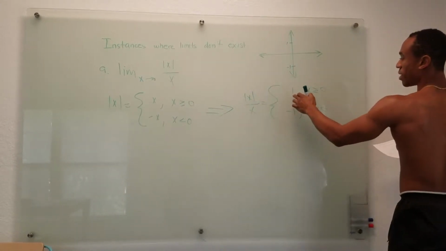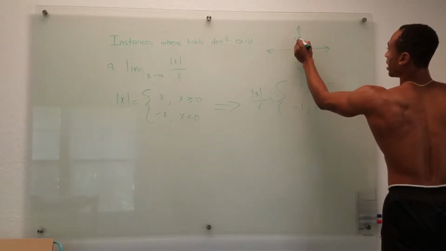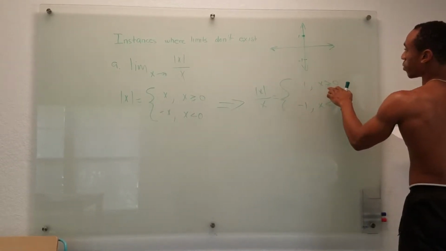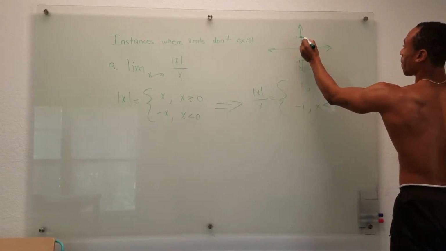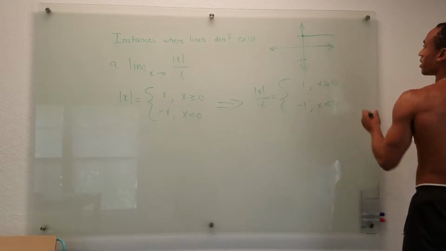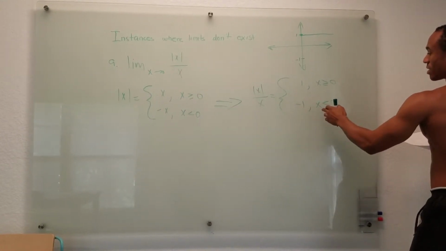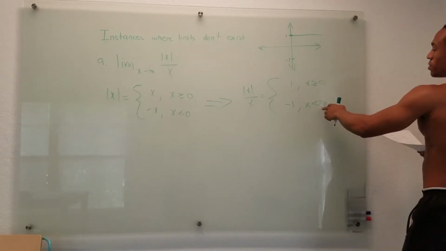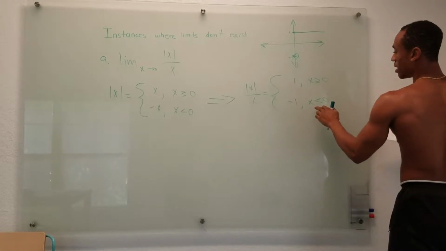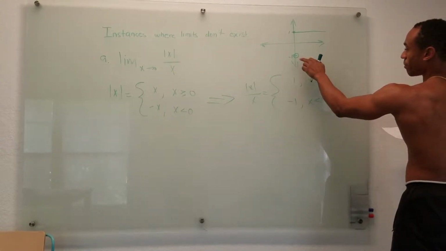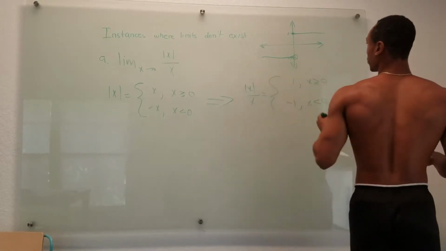We just have the graph of 1, a straight horizontal line, and a closed dot at 0 because it's greater than or equal to. The second part of our graph is negative 1 if x is less than 0. So to the left of 0, we have an open dot because x is less than 0, and a line.